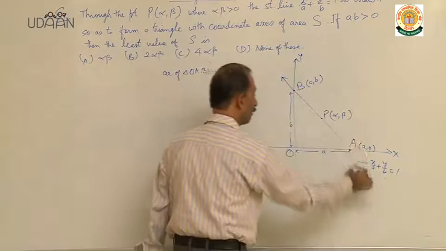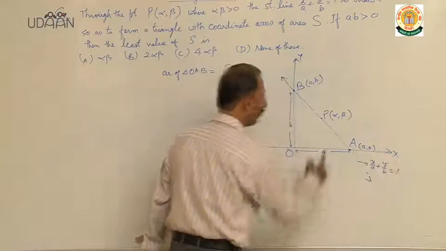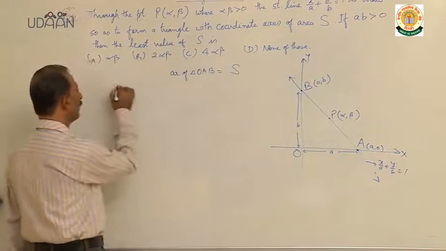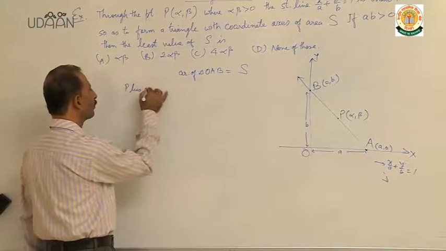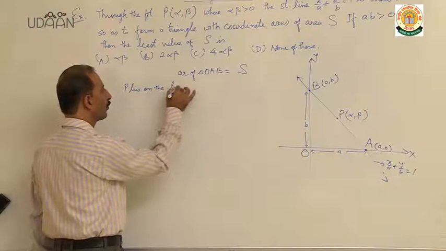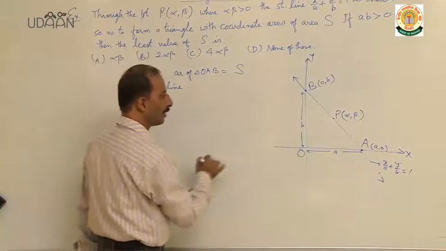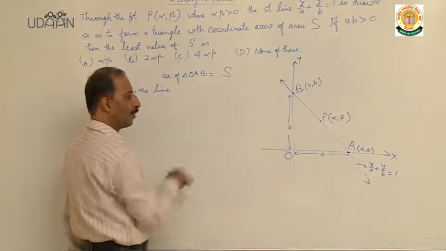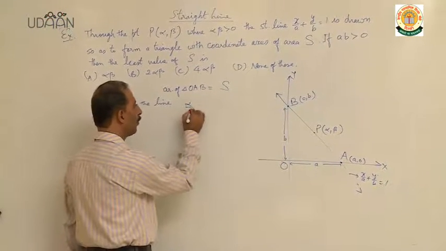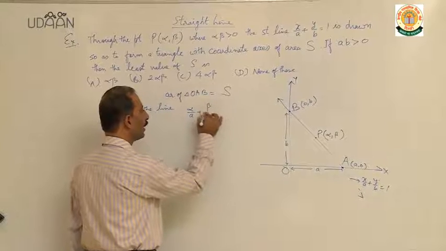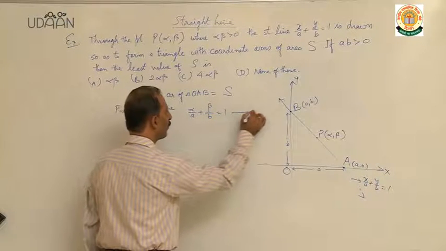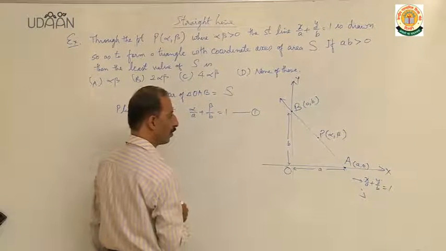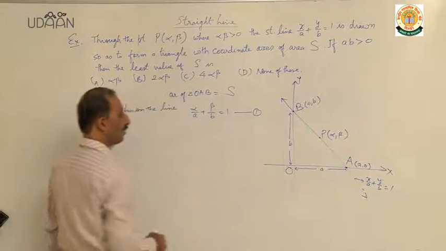This line is given, and point P lies on this line. It means it will satisfy this. So substitute the coordinates of P in the equation of the line. So alpha upon a plus beta upon b is equal to 1. One equation is this.